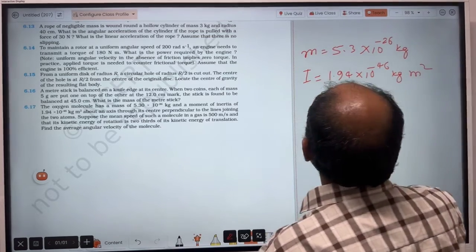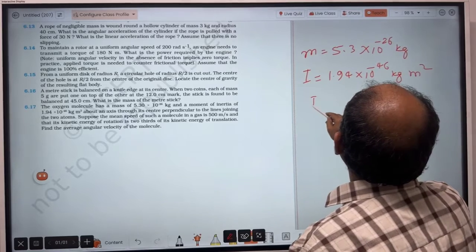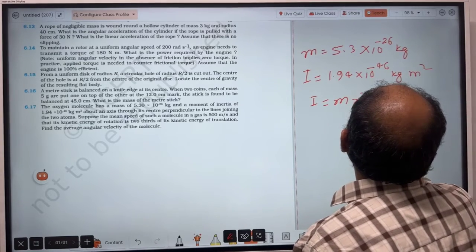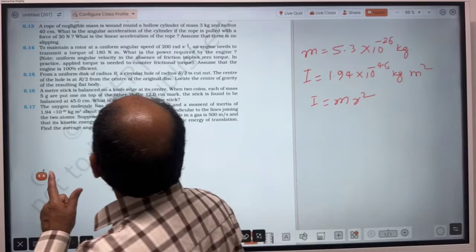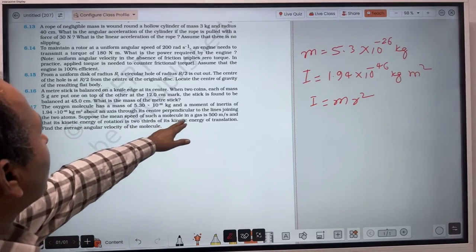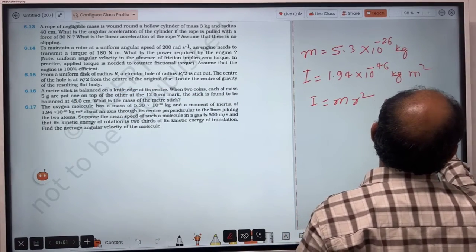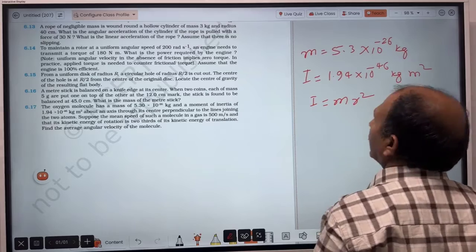From here R can be found because I equals mr square. Suppose the mean speed of such a molecule in gas is, here speed is also given. V is 500 meter per second.